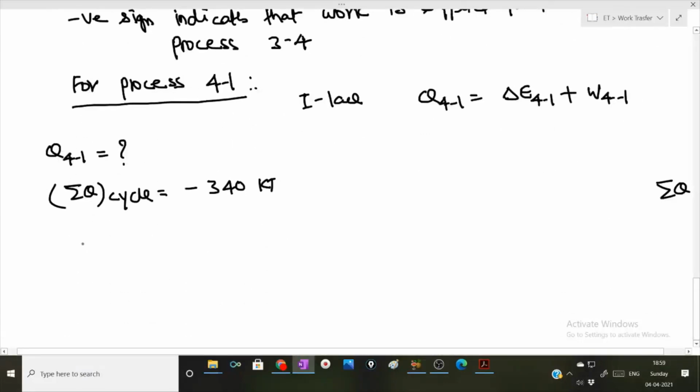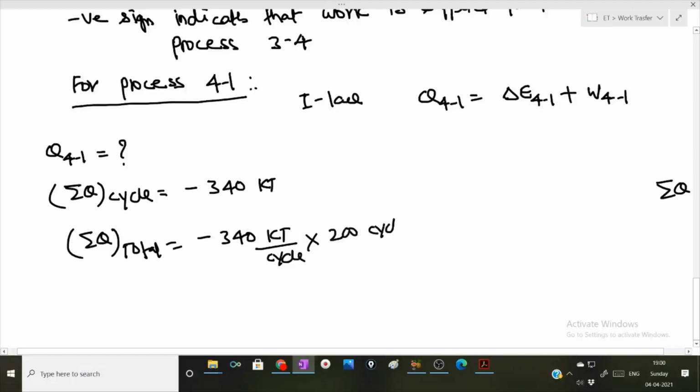So the delta Q total will be minus 340 kilojoule per cycle into 200 cycles per minute.